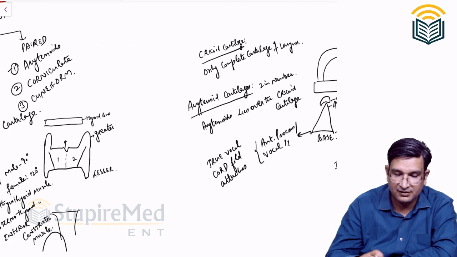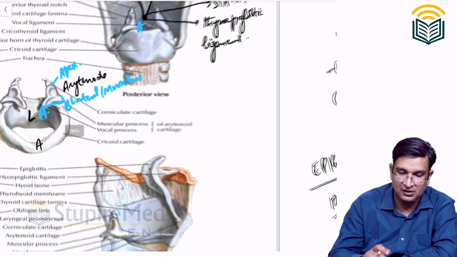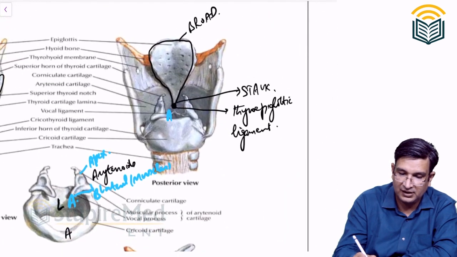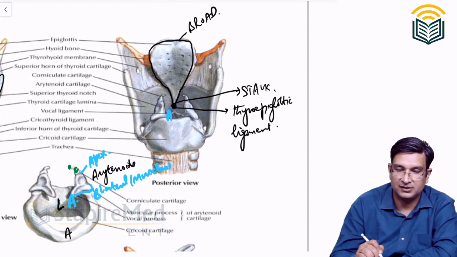Over the apex lies the corniculate cartilage. And over the corniculate lies the cuneiform cartilage.